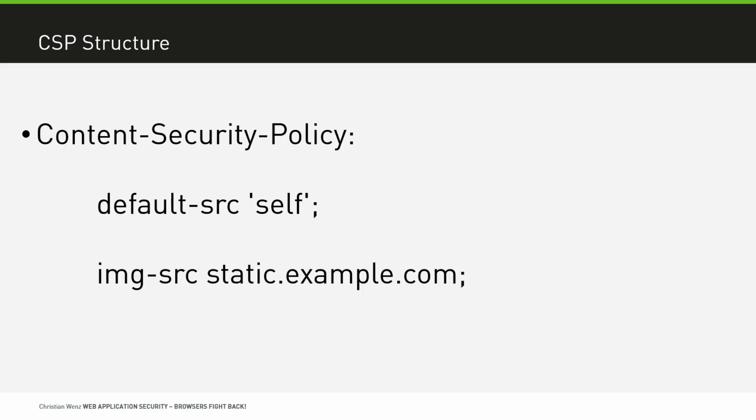So this basically means, okay, everything I'm loading, images, not images, sorry, we have a different directive for that. But style sheets, web fonts, JavaScript, plugin data even, they can only be loaded from the current origin. For images, they must be loaded from static.example.com.